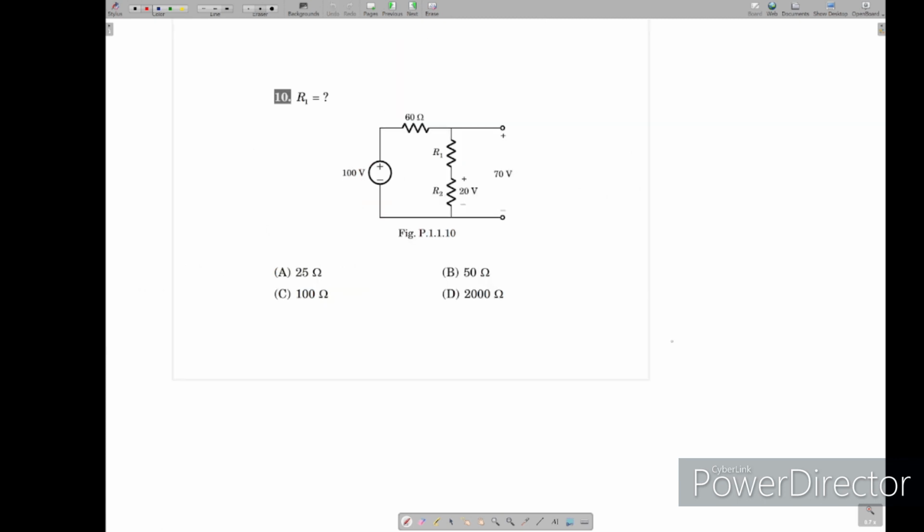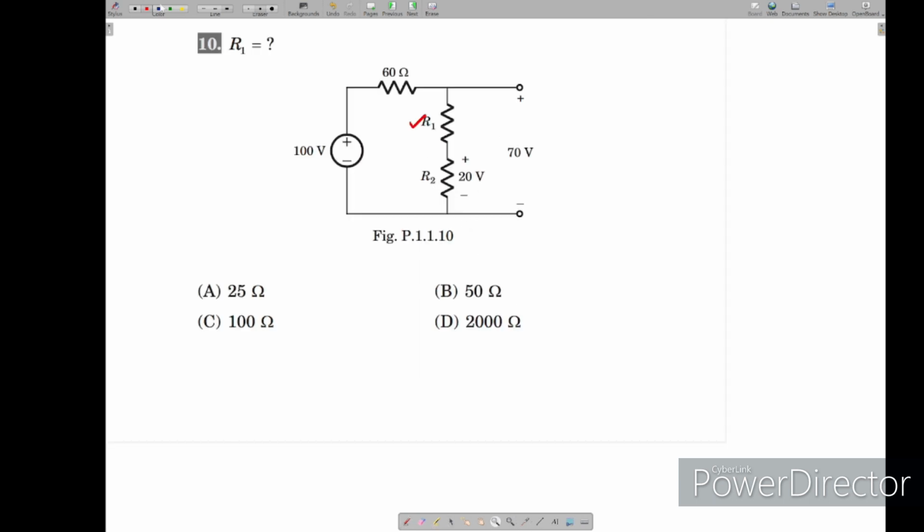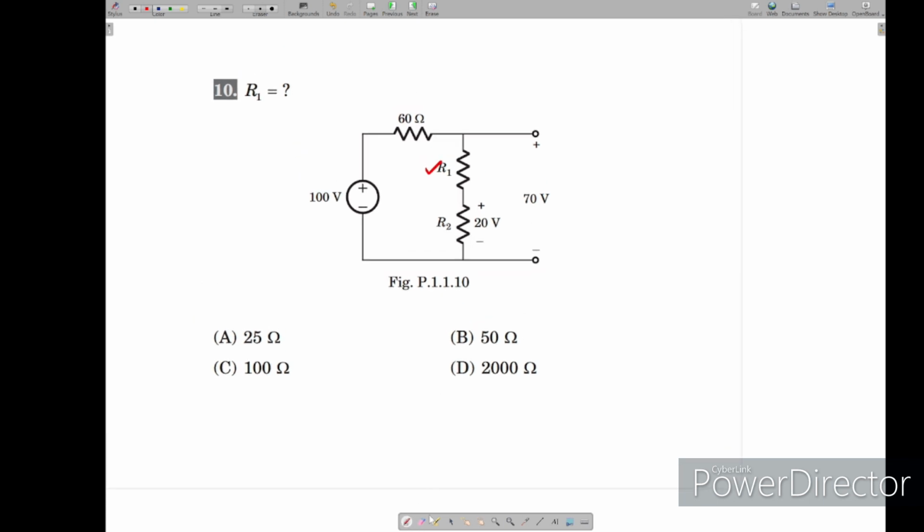Yeah, this is also a basic problem. Here we are finding R1. We'll enlarge this and find it here.